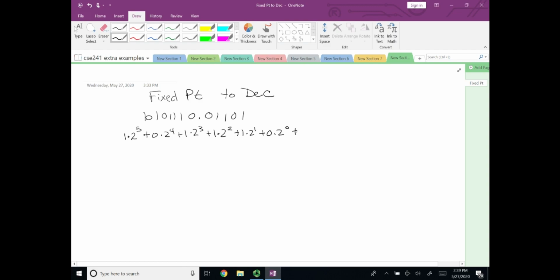And then when we get to the fractional part, it's now to the negative exponent. So 0 times 2 to the minus 1.